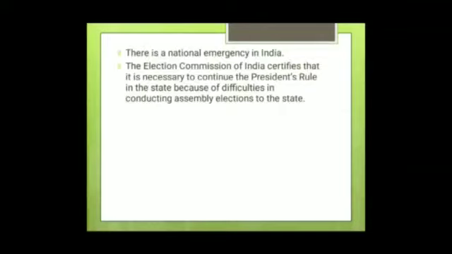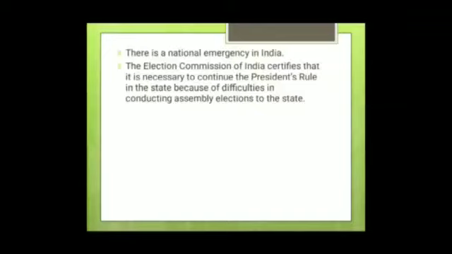Or if there is a breakdown of a coalition in the state government that leads to the CM having minority support in the legislature, and the CM is unable to prove his majority within the time prescribed by the governor, in that case also President's rule is imposed. Or a no confidence vote in the legislative assembly, which leads to a loss of majority, or postponement of elections.